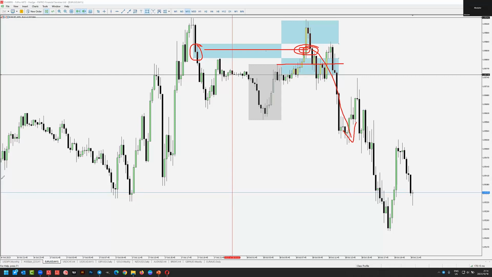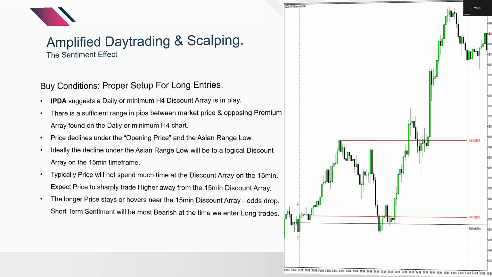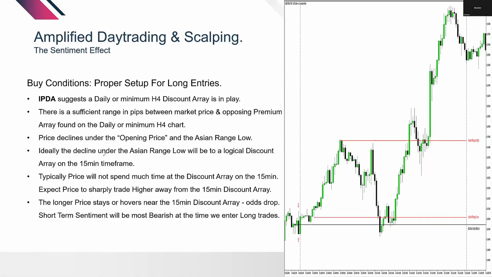So when you are scalping for your buy conditions, ideally the decline under the Asian range low will be to a logical discount array on the 15-minute time frame. Price will not spend much time at the discount array.